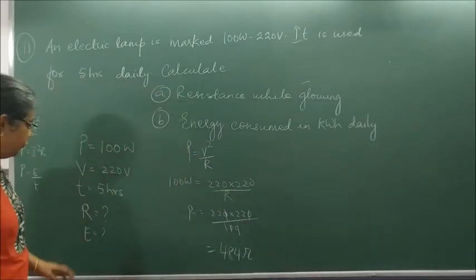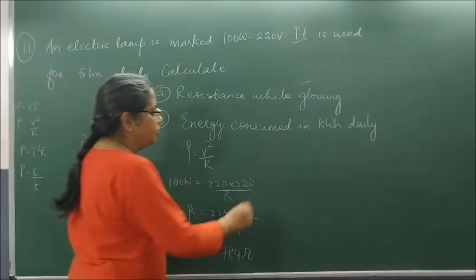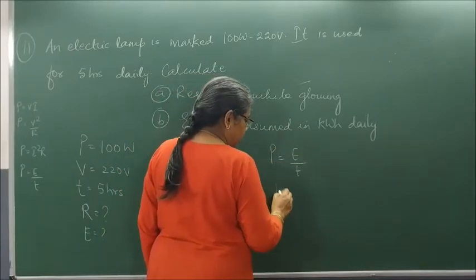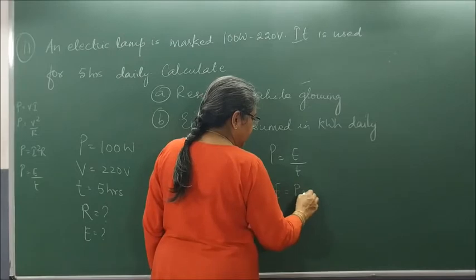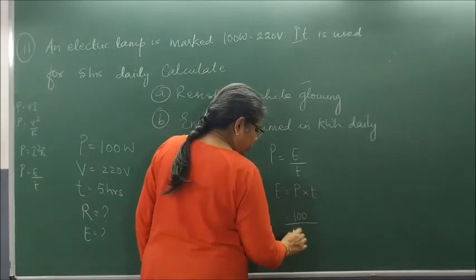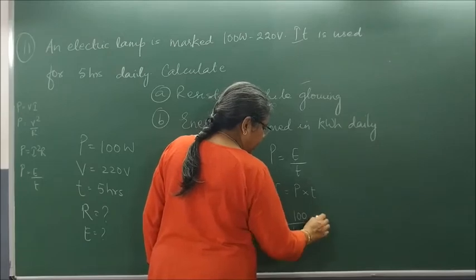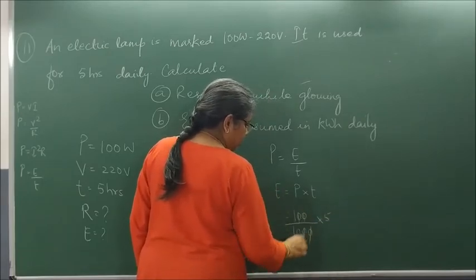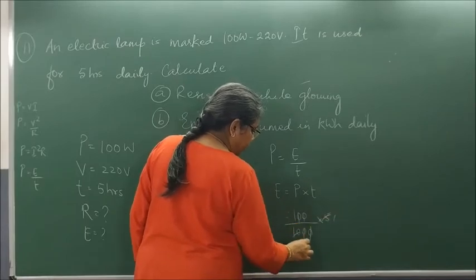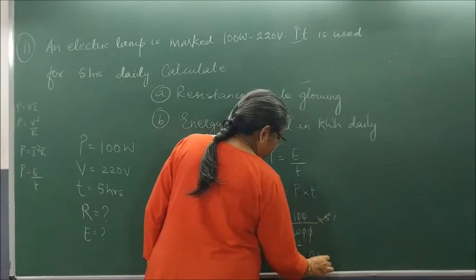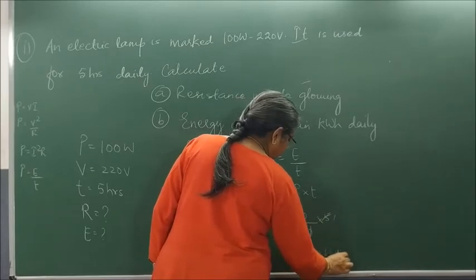Okay, now what I have to find out is E. So P is equal to E by T, so E is equal to P into T. P is how much? 100 watt. Convert it into kilowatt, divided by 1000, into how many hours? Into 5 hours. So 1 by 2, that is equal to 0.5 kilowatt hour.